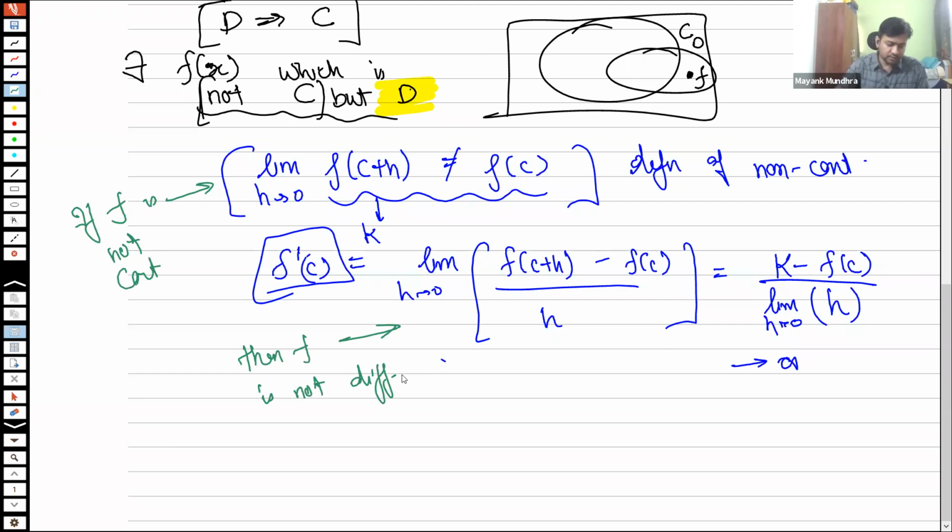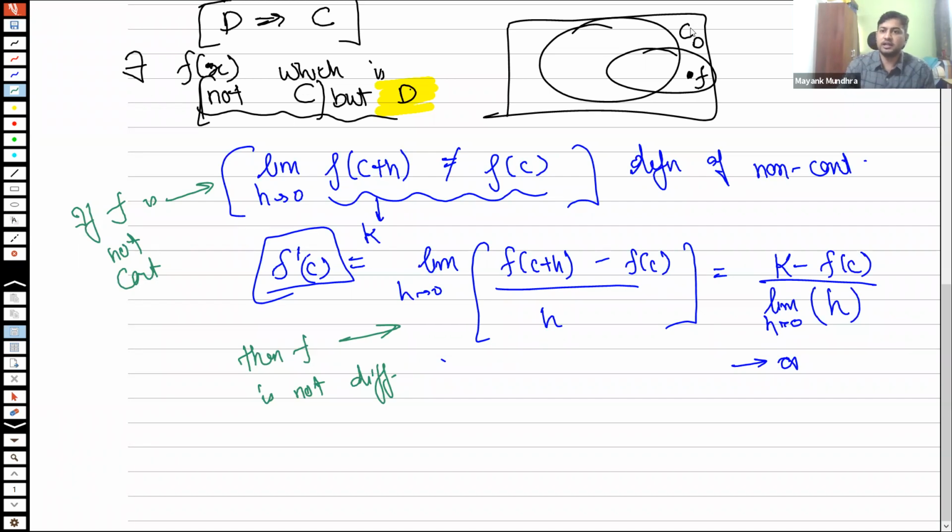Why this takes precedence is that sometimes questions give you a function that is differentiable. They might not tell you that it is continuous, but continuity is implied. There cannot be a function which is differentiable but not continuous. But there are functions which are continuous but not differentiable.